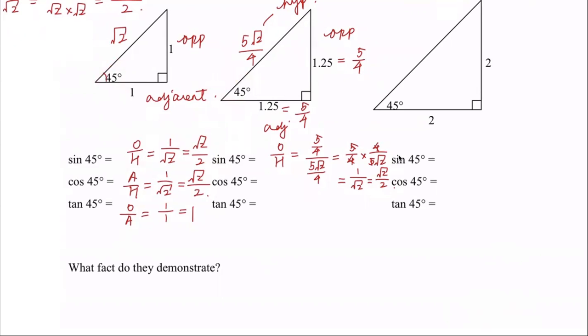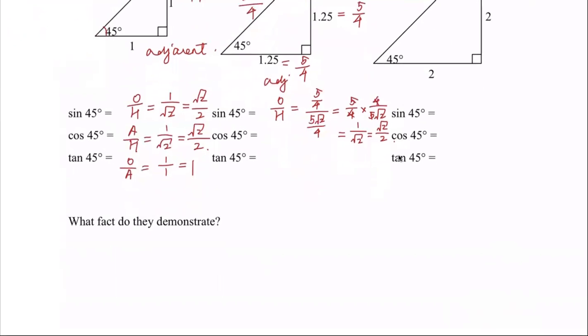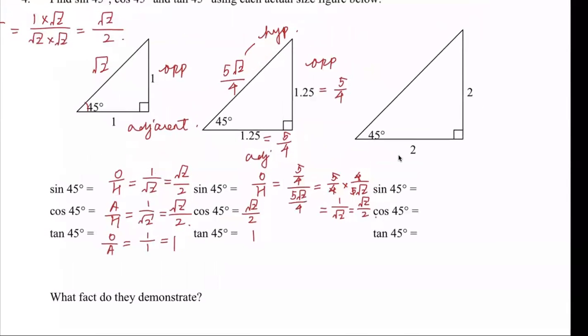I'm not going to do all the calculation because it takes too much time, but cos 45 is also equal to square root of 2 over 2. Tangent 45 is still equal to 1 in the second triangle, which is bigger than the first one.